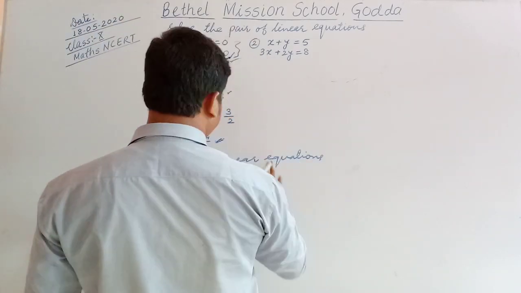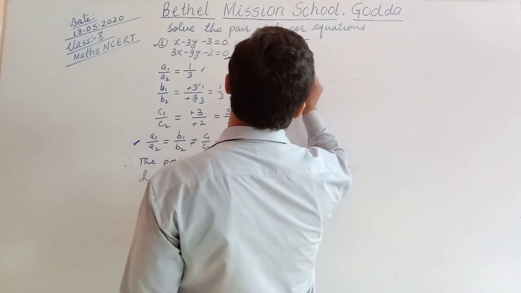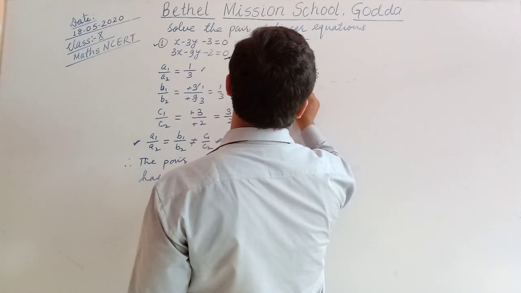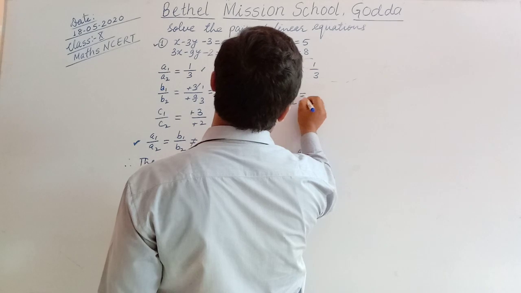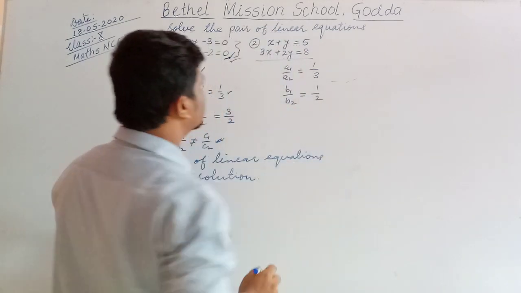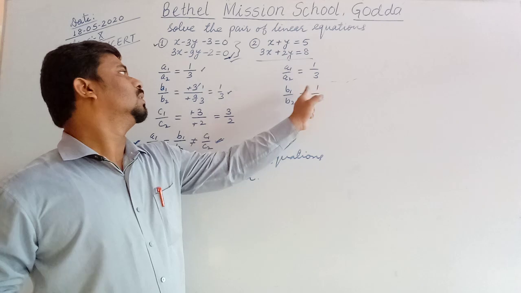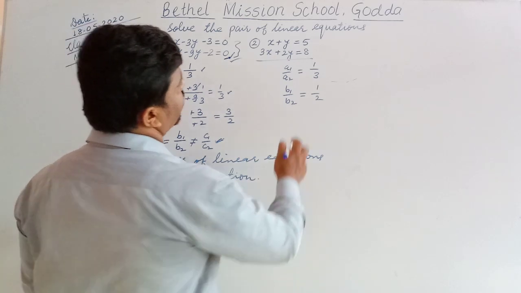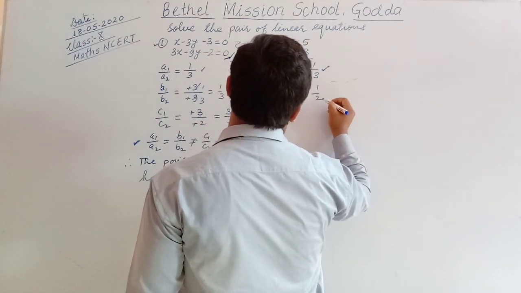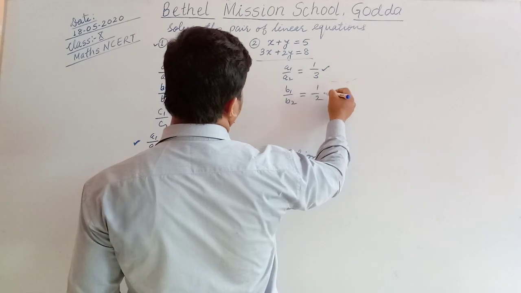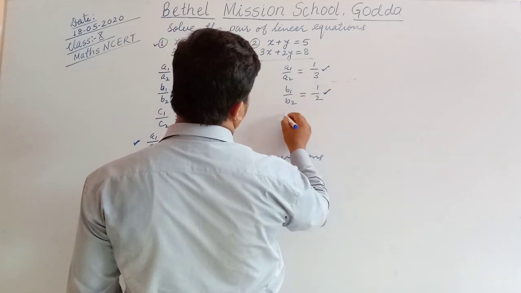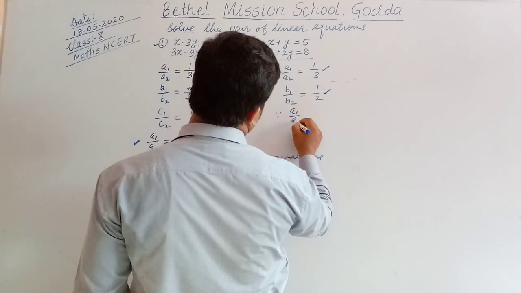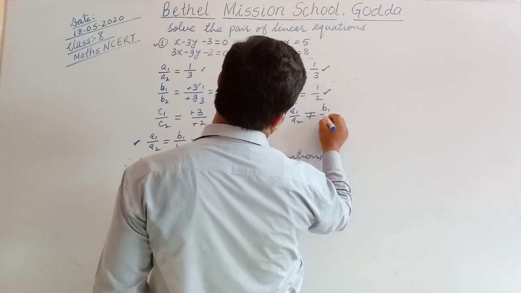Like that, for another one, find a1 by a2. It will be 1 by 3. Then b1 by b2 is 1 by 2, because the coefficient of y is 1 here and 2 here. You can see a1 by a2 is 1 by 3 and b1 by b2 is 1 by 2, so they are not equal, since a1 by a2 is not equal to b1 by b2.